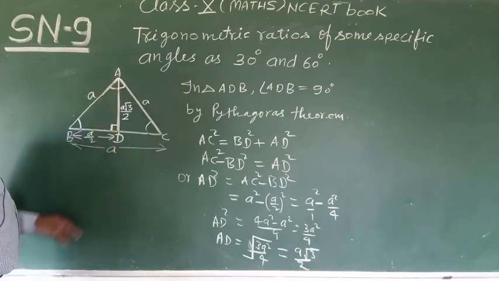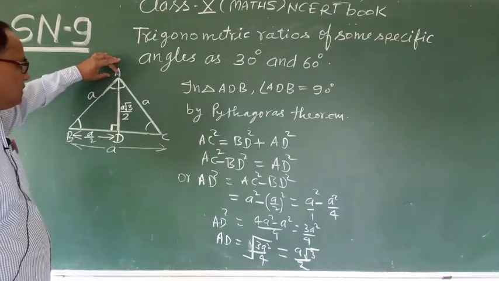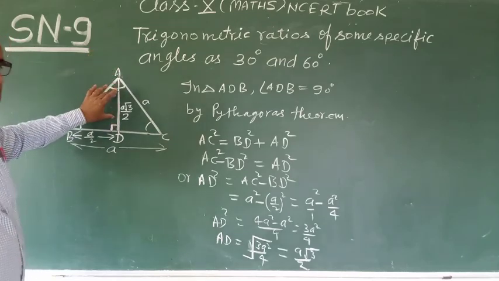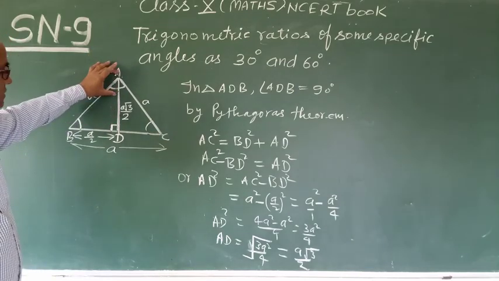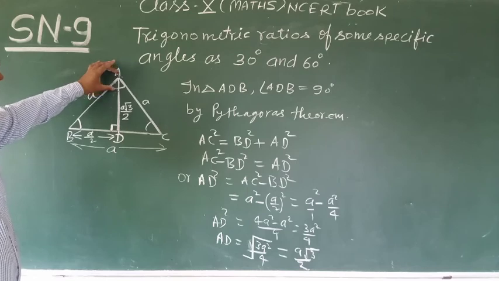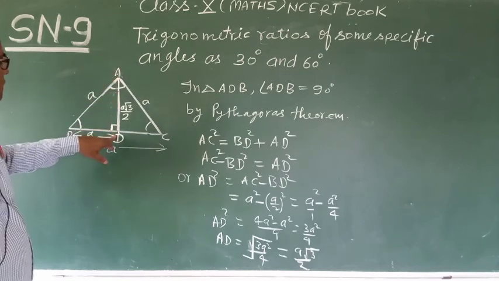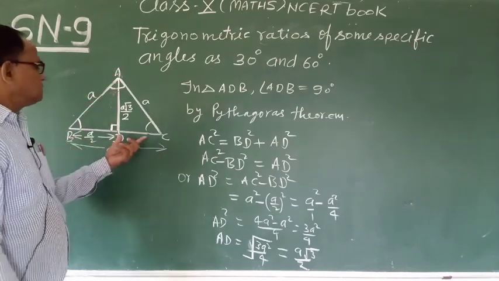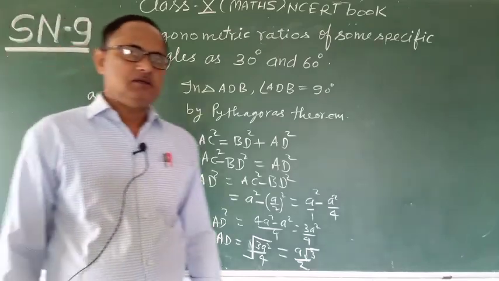Then AD is the bisector of angle A, because a perpendicular line drawn in an equilateral triangle always bisects angle A, and AD bisects the front side into two equal parts.